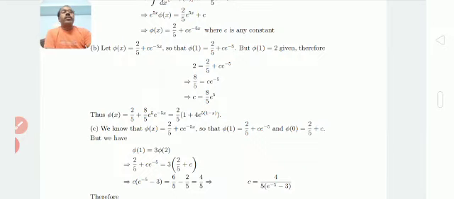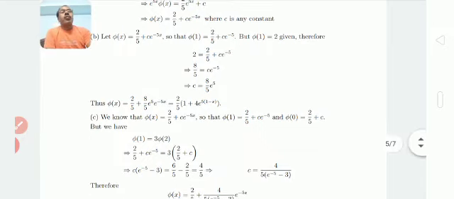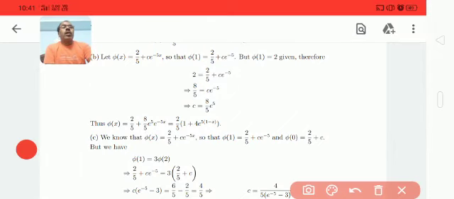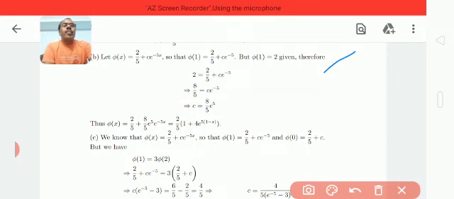Now taking this as a solution of the given differential equation, let us answer question B. We suppose that phi of x is the solution of the given differential equation, and the initial condition is given like this, phi of 1 is equal to 2.